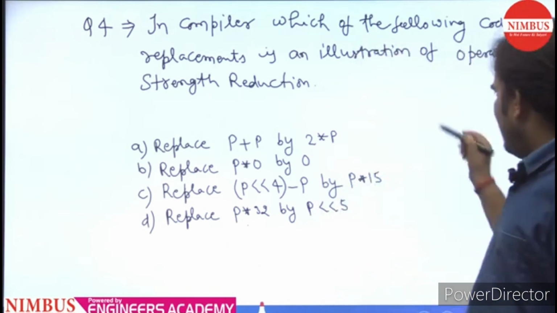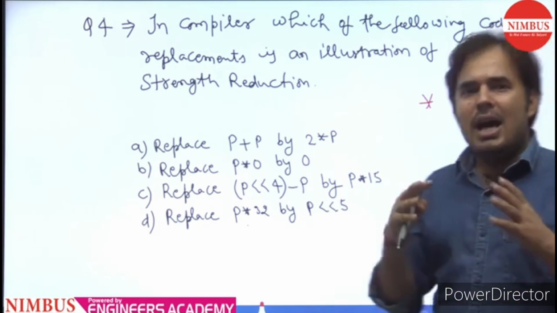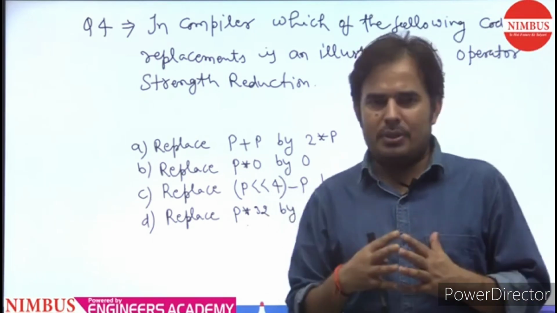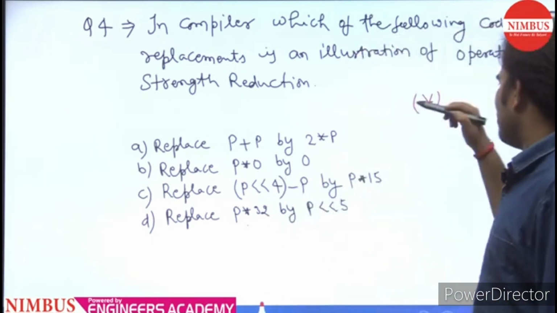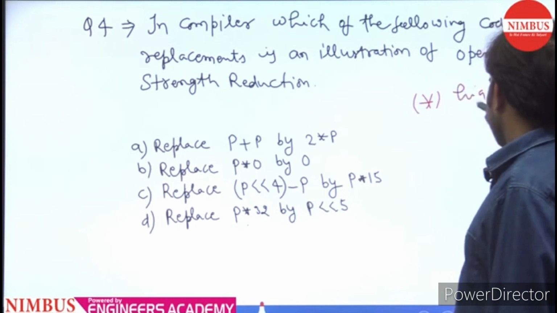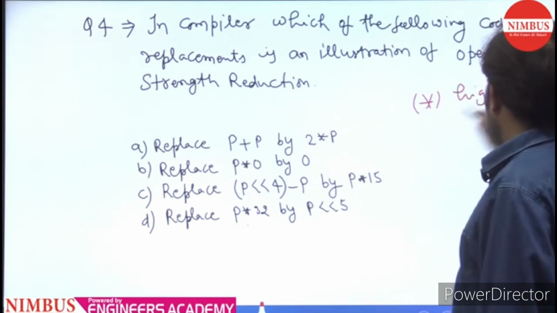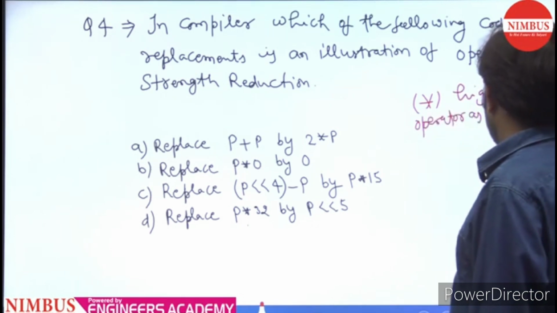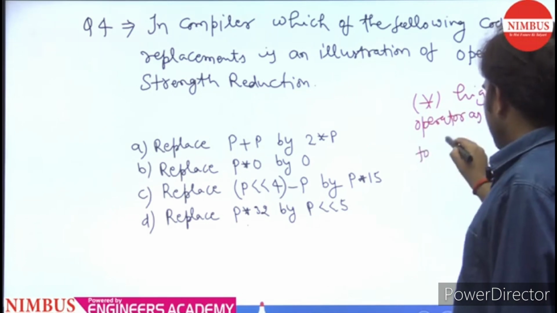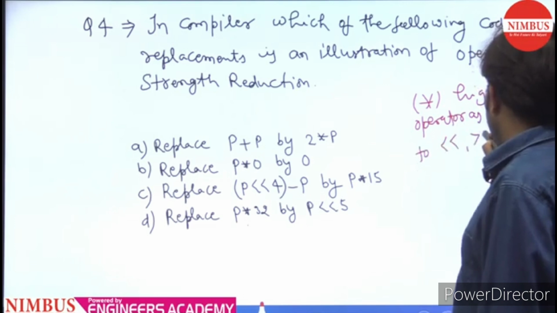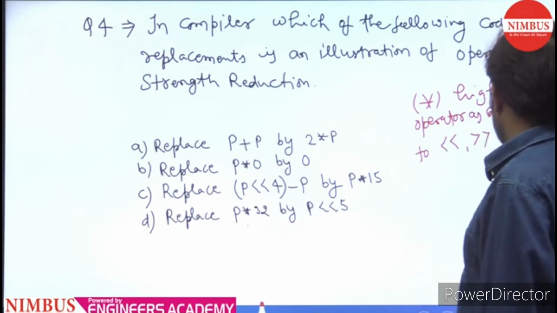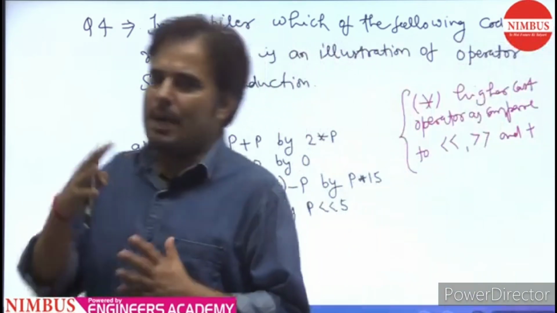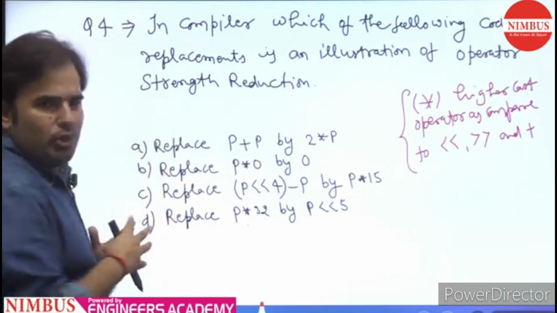Asterisk is a higher cost operator as compared to plus and left shift or right shift. You need to remember this thing. When you know this, you can easily solve the question. Okay, very often such questions are asked.